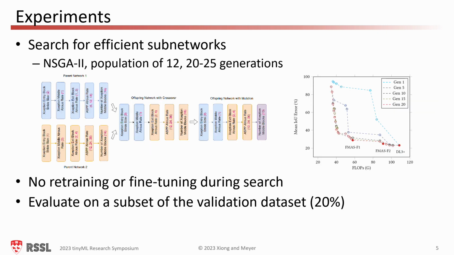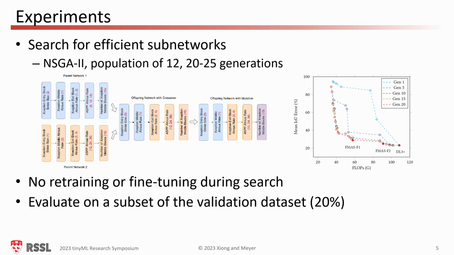So we used NSGA-II, which is an elitist genetic algorithm, and if you're unfamiliar with genetic algorithms or elitist genetic algorithms, the idea is that you have a population. In our case, it's 12. In many experiments, it might be 100 or so. And you look for the ones that strike good trade-offs, and you promote them to the next generation, cross them over, mutate them, and repeat this process.